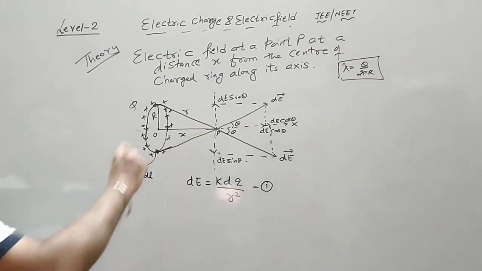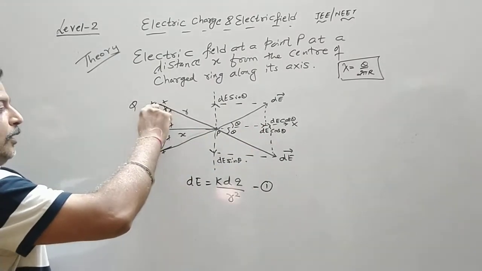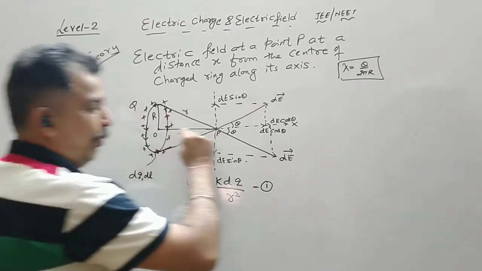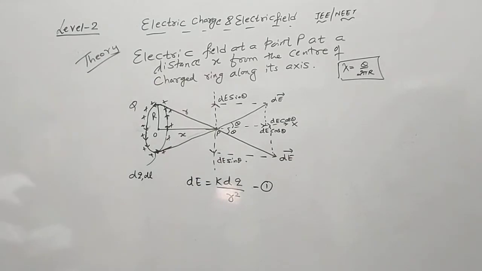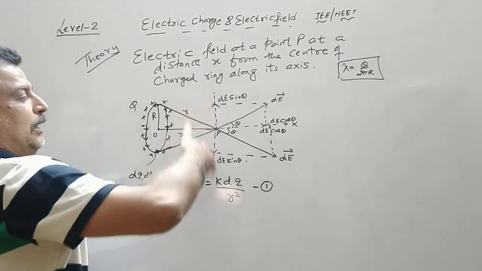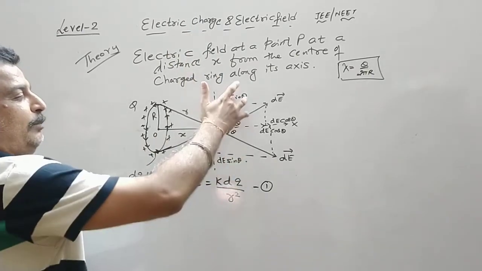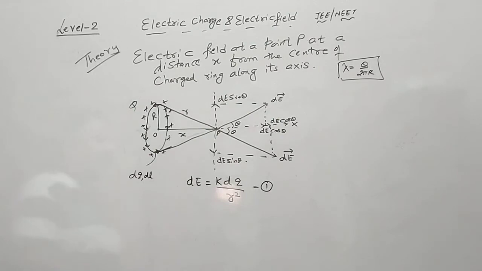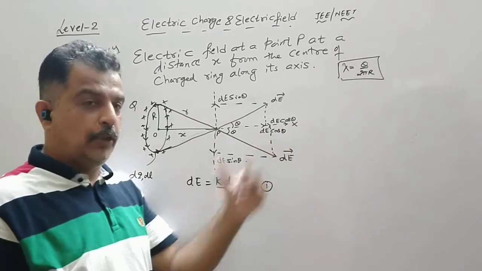Now it is not that the ring has only two elements. It has infinite elements. So all the cosine components will be along the x-axis and all the sine components will be along the y-axis, and they will be equal in magnitude but opposite in direction. So they cancel each other. So the resultant is due to the cosine component.